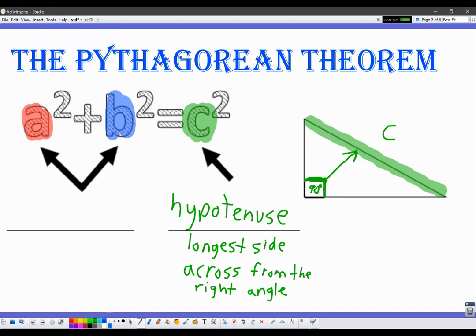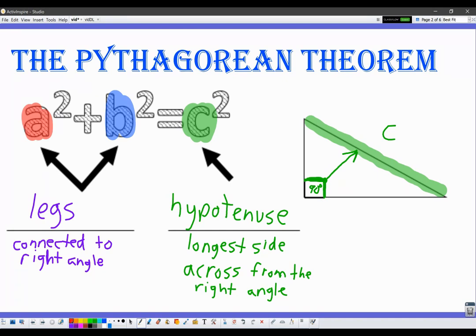A and B represent the legs of our right triangle. The legs are connected to that right angle. Now sometimes we'll have legs that are the same length, but usually these legs will be different lengths.